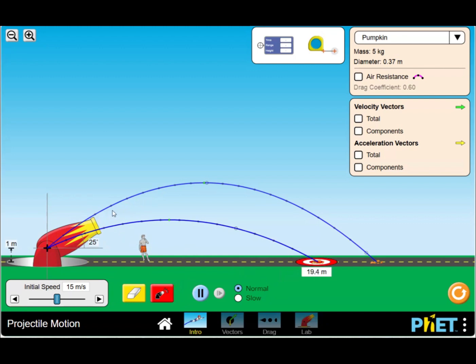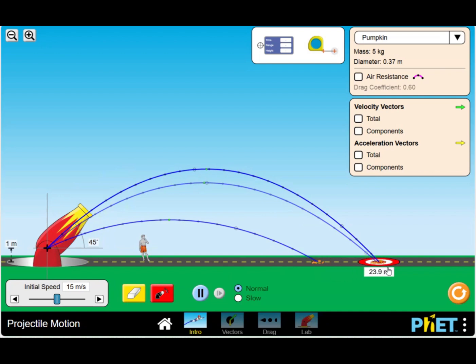Again, if we arrange the angle to 45 degrees and launch the projectile, its horizontal distance becomes about 23.9 meters. This means at 45 degrees, the horizontal range of a projectile is maximum. Again, if we launch a projectile at 90 degrees, the object returns in its direction. That means the range is equal to 0.